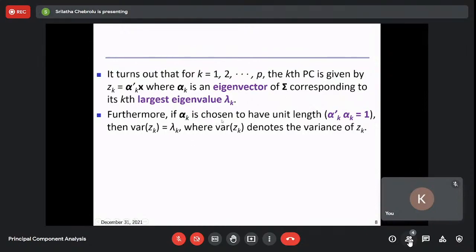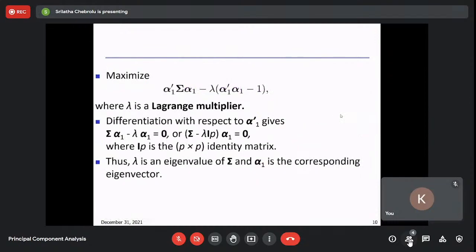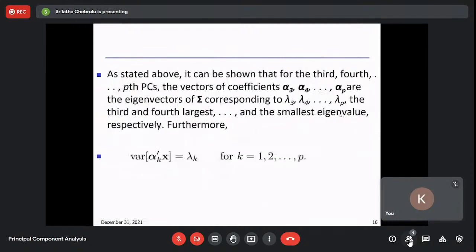And then alpha k is chosen to have unit length. We have seen that, right? We have made it unit length by dividing by the square root of a square plus b square, like that, using singular value decomposition. A unit vector means that when you multiply the vector with its transpose, you get one. We'll see an example once; it will give you more clarity.